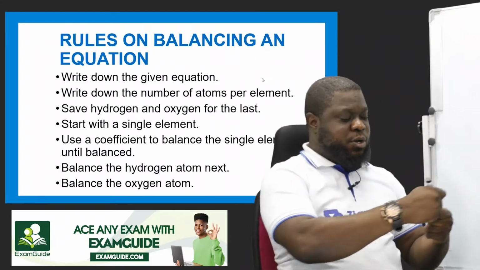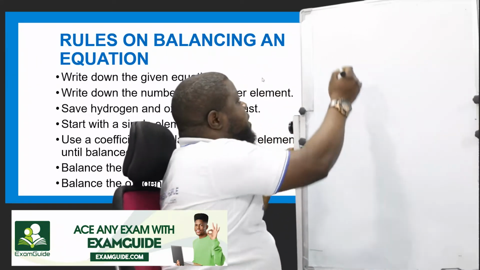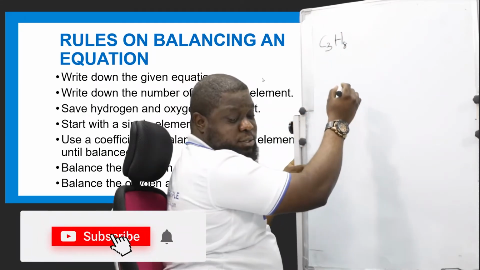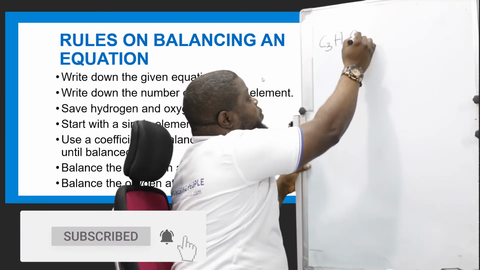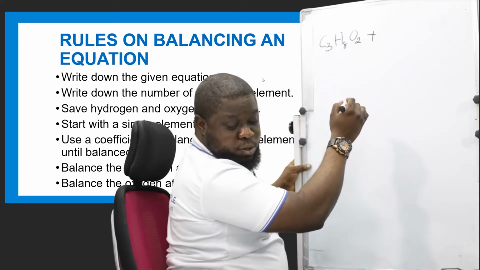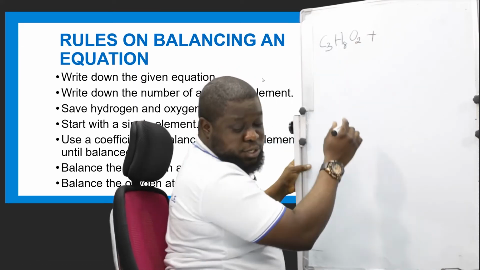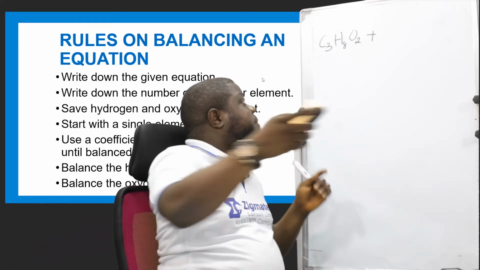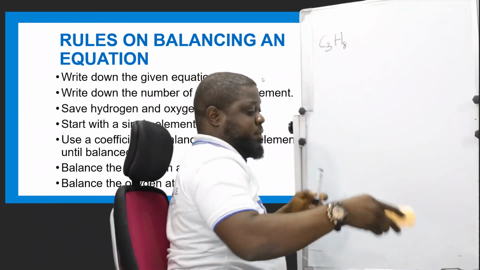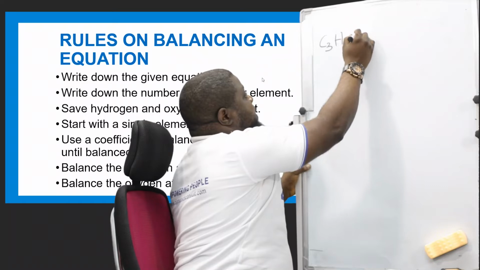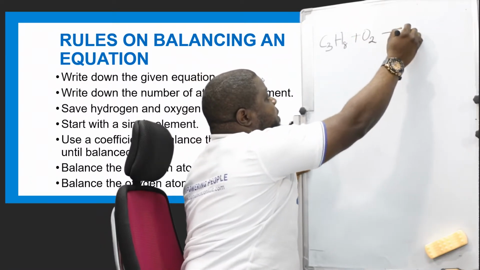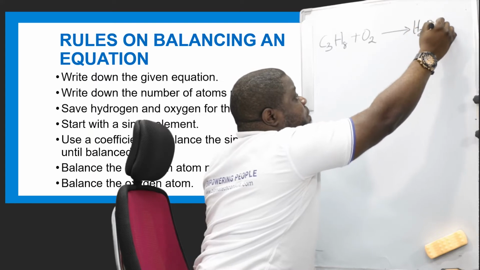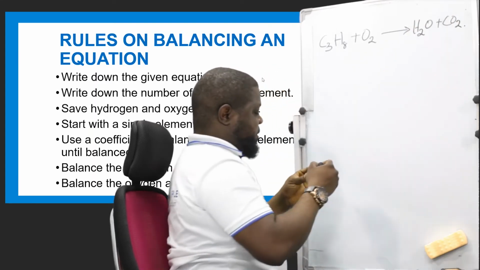The equation given is C3H8 plus O2 gives us H2O plus CO2.